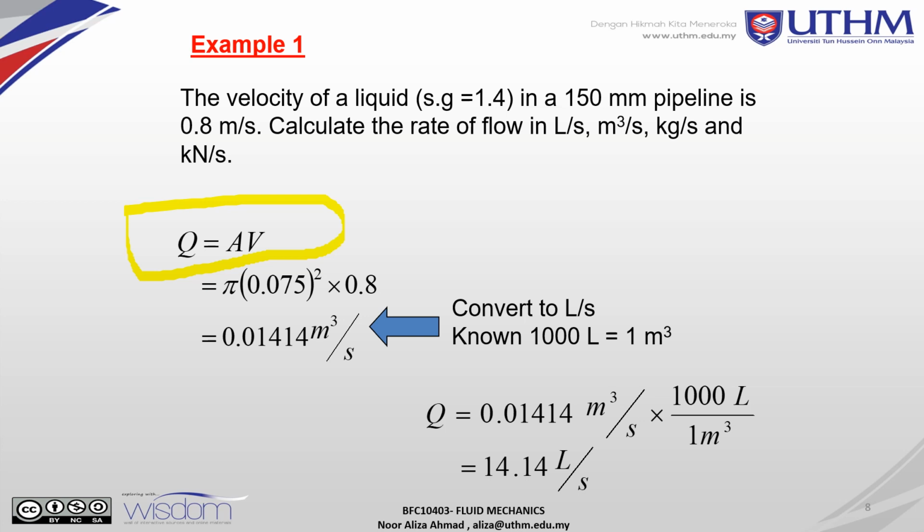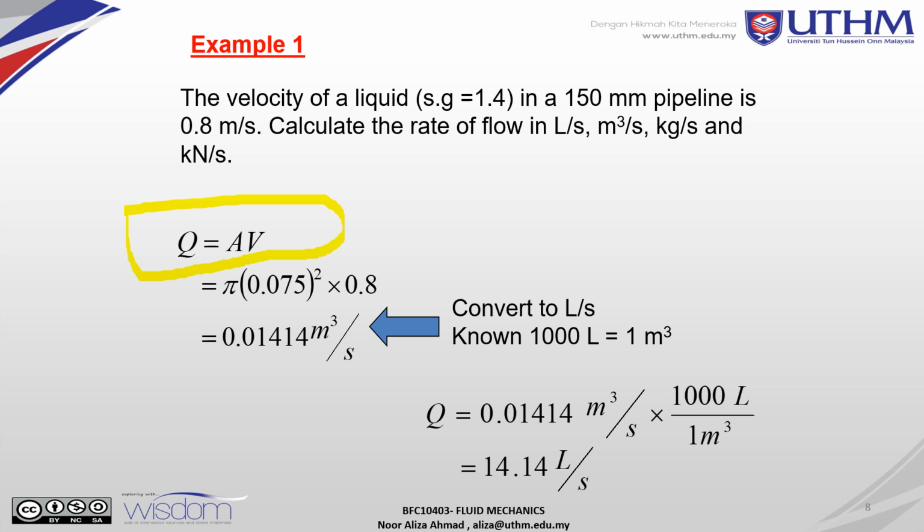So we use the area of the pipeline, pi times 0.075, because the pipeline diameter is 150 mm, so this is the radius. So you get Q as 0.01414 meter cube per second. From this, you convert to liter per second.